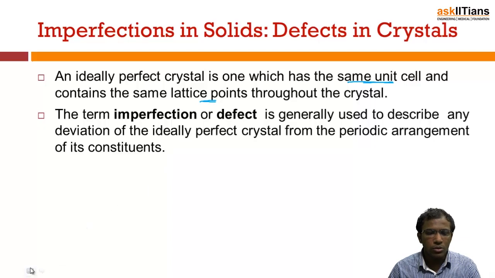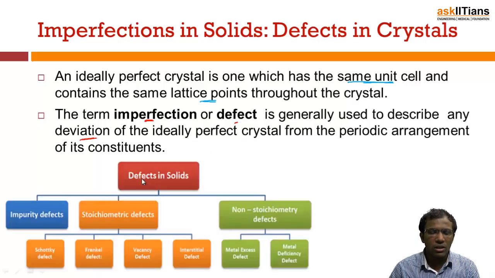So if in any way any deviation occurs from the ideally perfect crystal due to any reason, then all these are known as imperfections or defects.